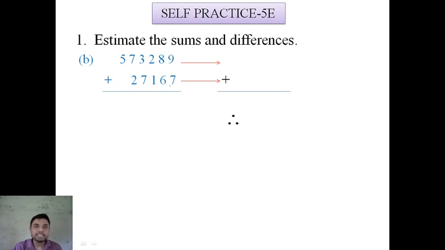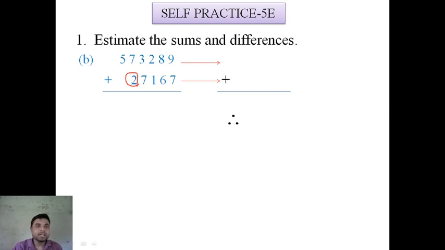Next, second step: of this smallest number, what is the highest place? Obviously this is the highest place. That means the most left digit is the highest place. Which place is it? The 10,000 place. This is the second step.